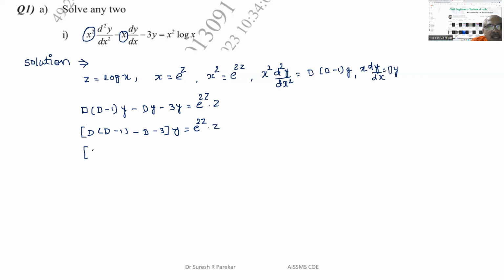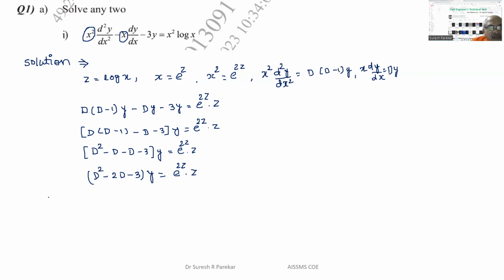When we solve this, we have D square minus D minus D minus 3, so D square minus 2D minus 3 into y equal to e to the power 2z into z.